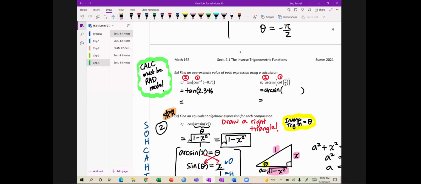So the input answer, inverse cosine of negative 0.7, that's 2.346193823. Do not round that number. Then you're going to take tangent of the input, which should be negative 1.02020 dot dot dot. So round to 3 places, negative 1.020.